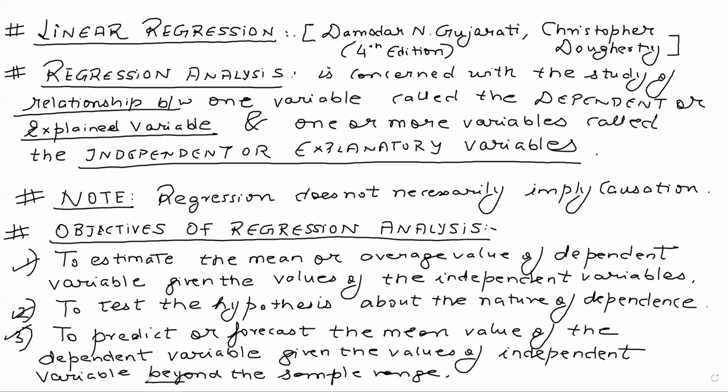Beyond the sample range means what? Beyond the sample range means we would want to extrapolate or predict the values of the dependent variable in the future, beyond the sample which we have taken. So I hope all students are convinced as to why regression analysis is the core of econometrics.